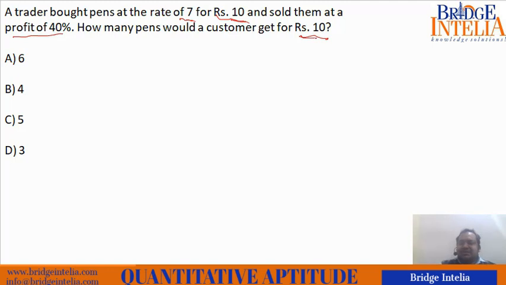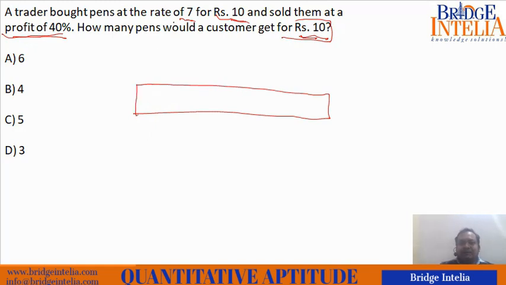The question is, how many pens must he sell to recover his investment if it is already known that profit is 40%? So how many pens has he already bought? A trader bought pens at the rate of 7, so he has bought 7 pens. What is his motive? His motive is to earn 40% profit.